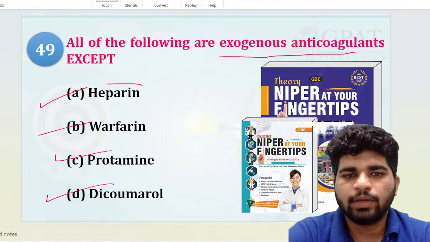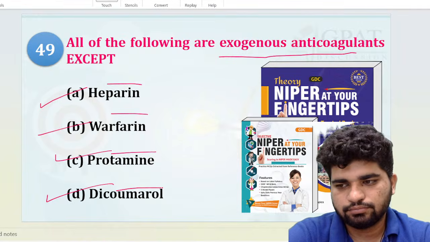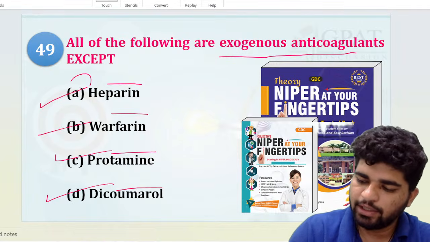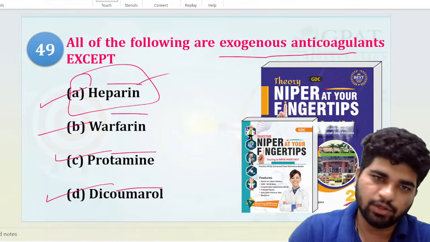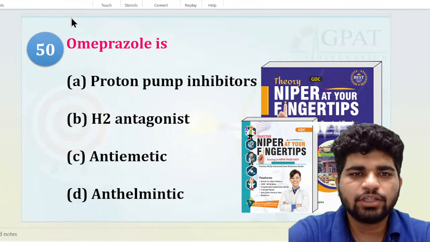Is it heparin, warfarin, protamine, or dicumarol? That's your heparin only, right? Heparin is present in your blood only, right? That's your anticoagulant example.